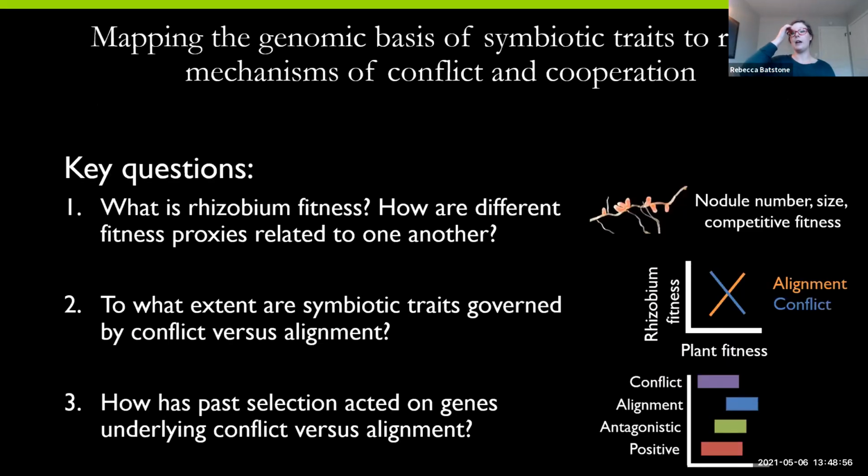So to summarize, although these results are preliminary, the last ones especially I just showed you we're still working on, our results so far suggest that patterns of historical selection potentially differ between genes underlying conflict and alignment, whereas we did not see the same types of differences for genes underlying rhizobium fitness pleiotropy.